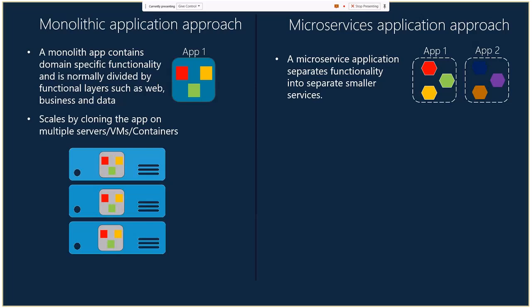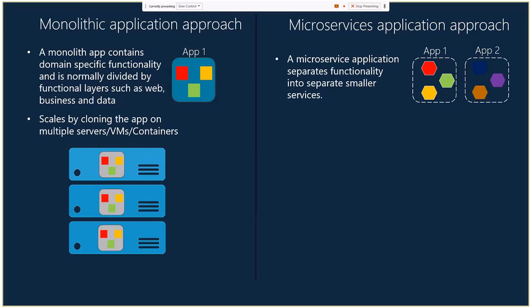It gets deployed to a server. As you need to scale and grow your application to additional users or add new functionality, you need to spin up additional copies of that application and essentially create multiple servers or VMs so that you can load balance your performance and usability.